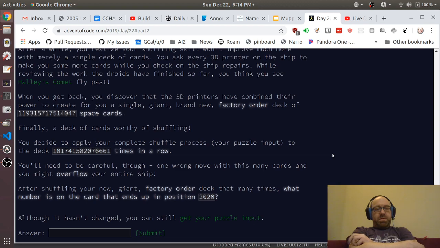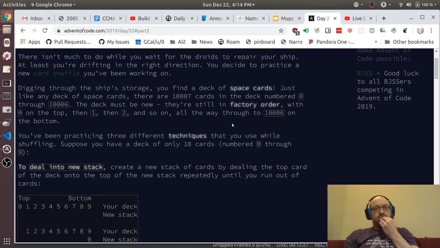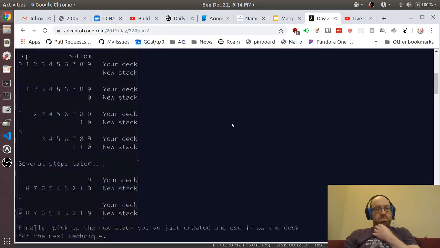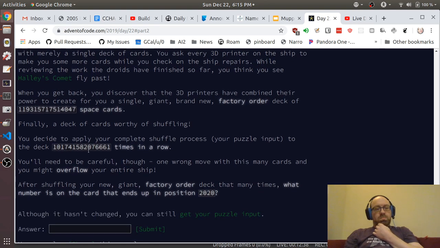You decide to apply your complete shuffle process to the deck this many times in a row. You need to be careful. One wrong move and you might overflow your entire ship. For shuffling, what is the number on the card in position 2020?